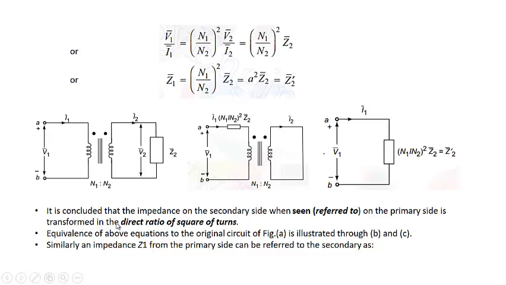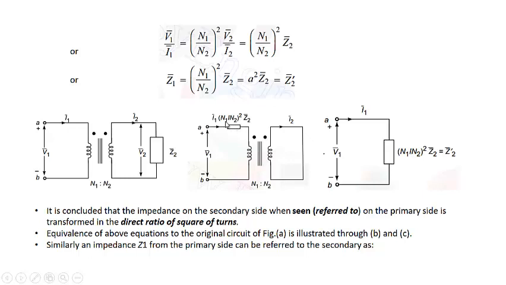Now you can see we have the equivalence of these equations by the transformer. When we refer this impedance to this side, it will first be transferred like this. So this Z1, the impedance seen by the source, we can assume that the impedance offered by this will be 0 because of the assumptions of the ideal transformer.